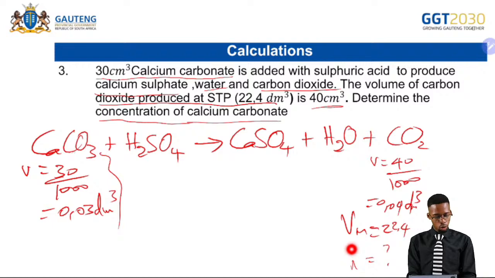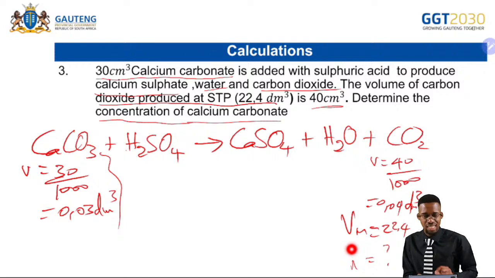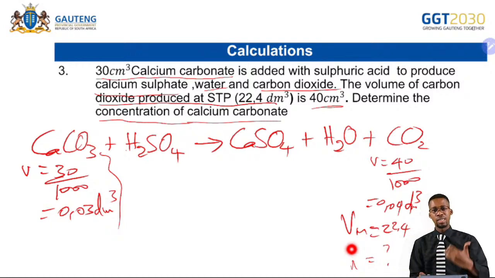We have 1 mole of calcium carbonate, 1 mole of sulfuric acid, 1 mole of calcium sulfate, 1 mole of water, 1 mole of carbon dioxide. That's what it means. So when we say use molar ratio, we are saying that the number in front of that balanced chemical equation represents the number of moles.